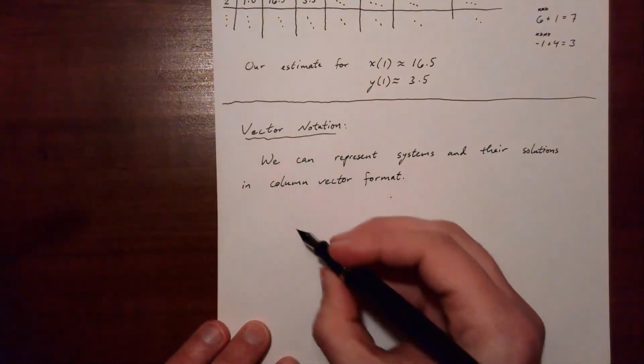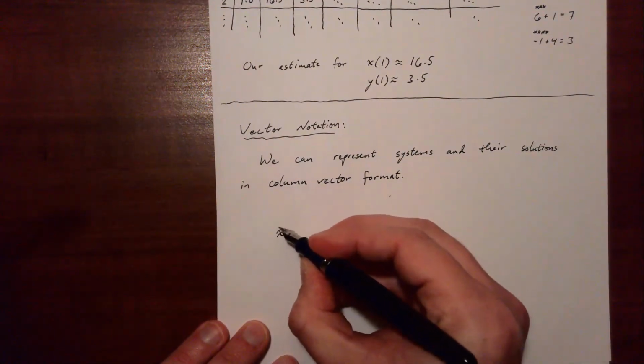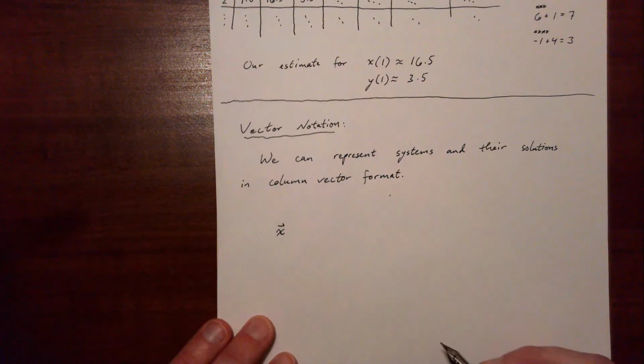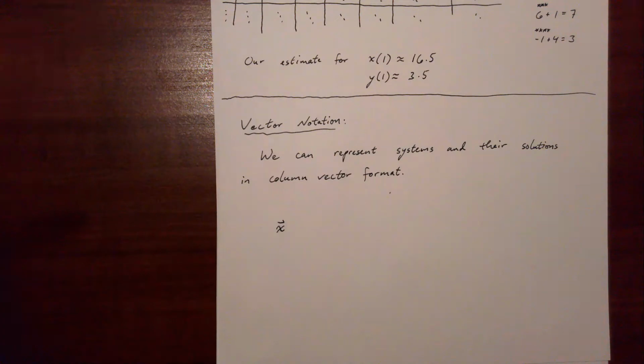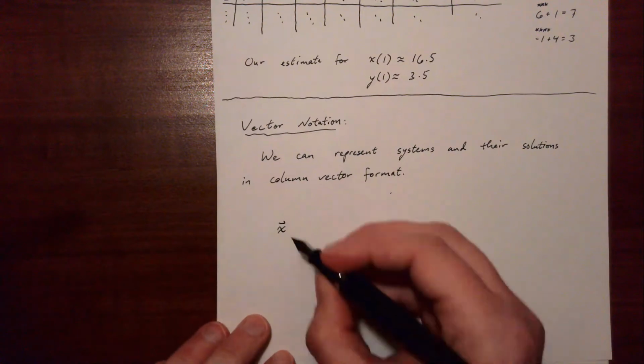In particular, if we write the x with a little vector indicator, so a little arrow if you're a human, or other notations such as an underlining for humans, and then for textbooks, just a bold typeface is what we use.